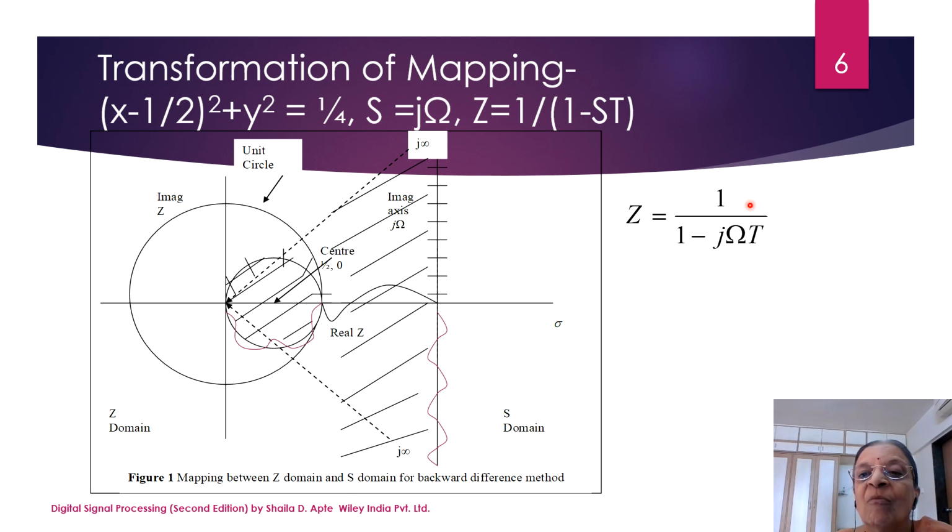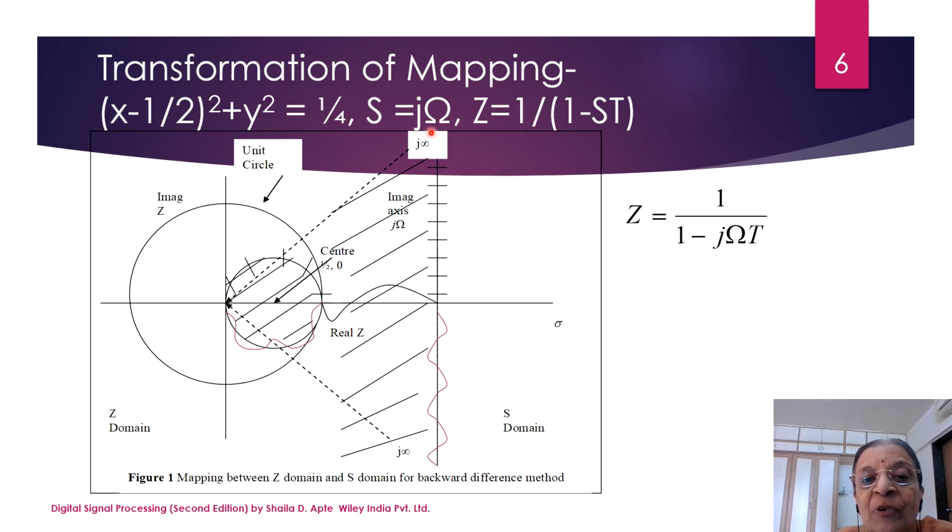So it will map on to 0, Z is equal to 0. When S is equal to minus j infinity, again it will map on to Z is equal to 0. So this point S is equal to 0 maps on to Z is equal to 1. S is equal to j infinity and minus infinity map on to Z is equal to 0.